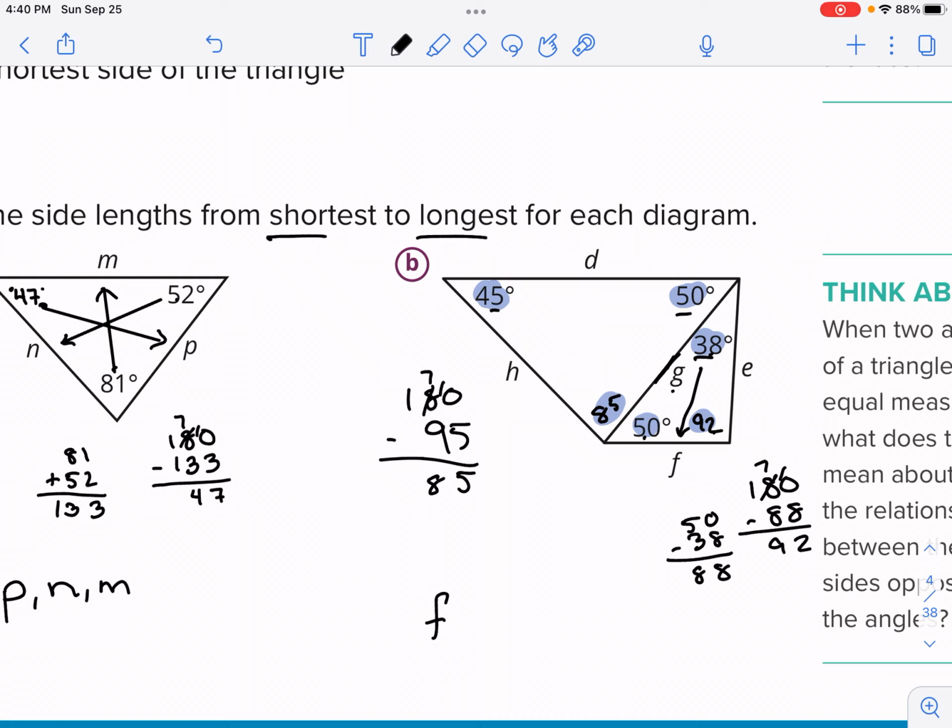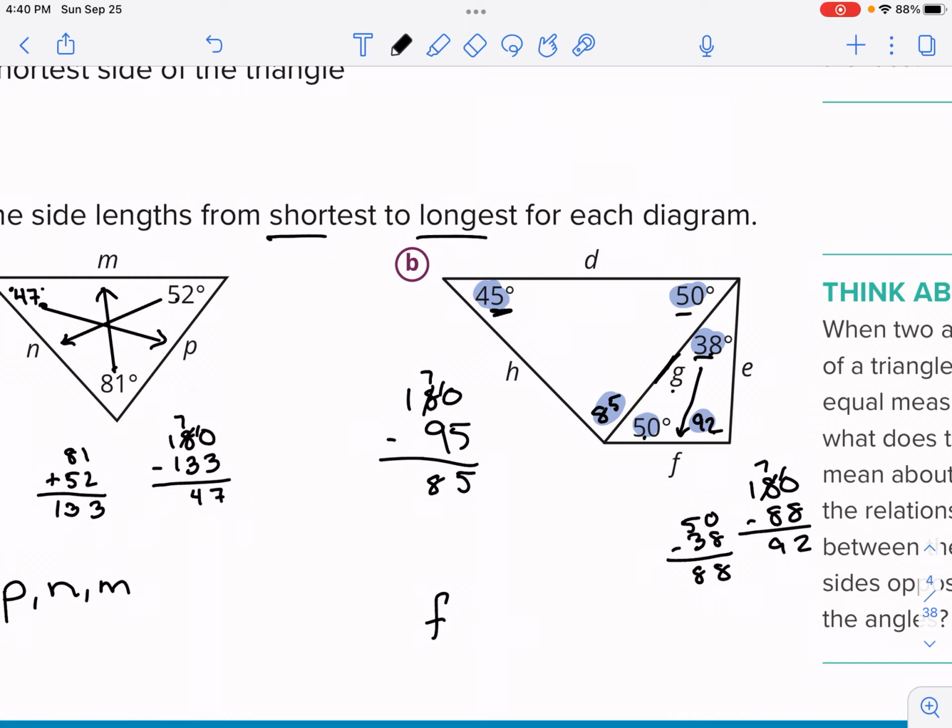Okay. From there, the next one looks like it is, which one would it be? It is 45. Okay, so 45.